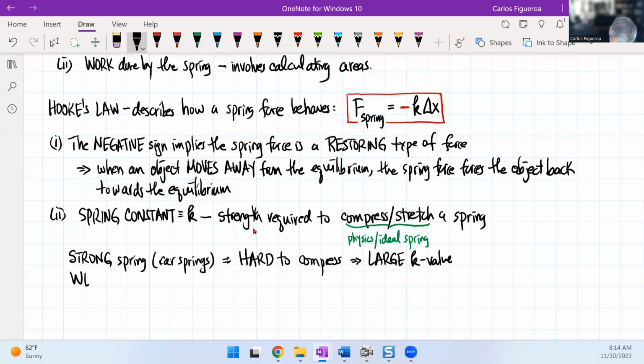If you have a weak spring, like the ones that we used in the lab this semester, then these guys are easy to compress, and therefore they have a small K value.